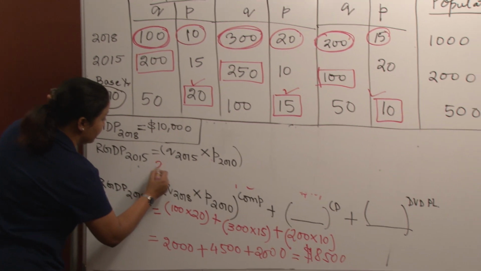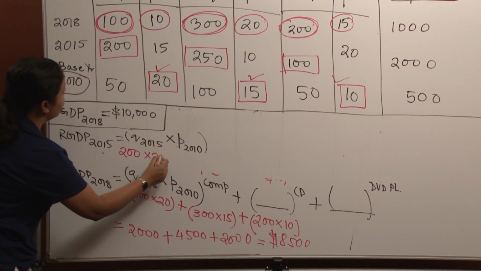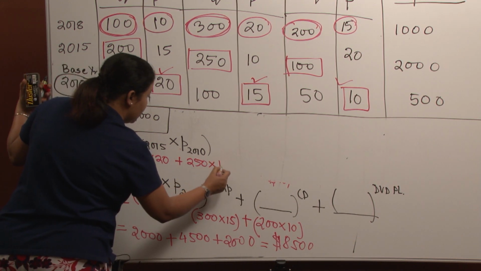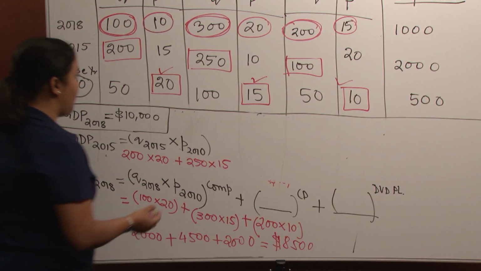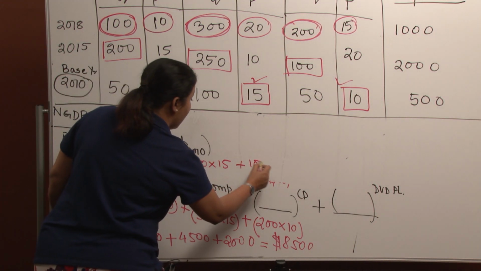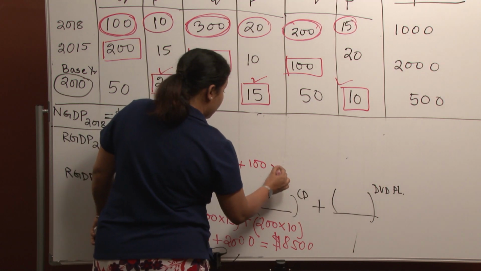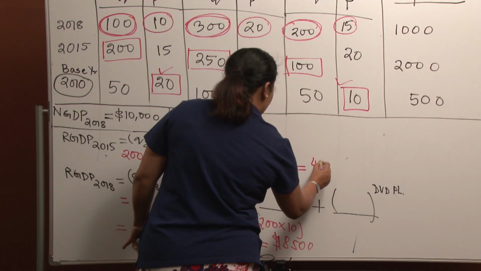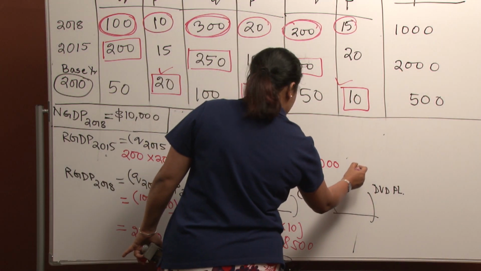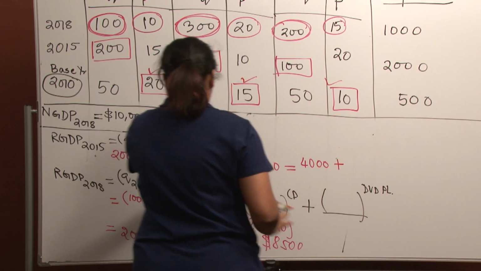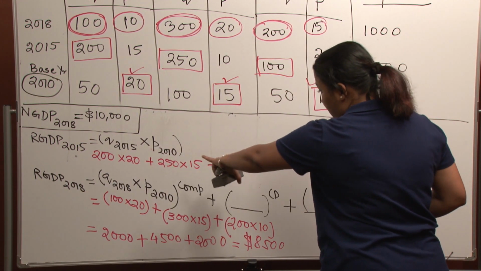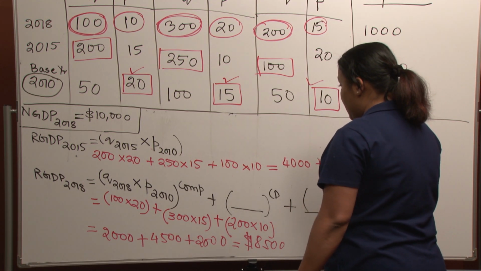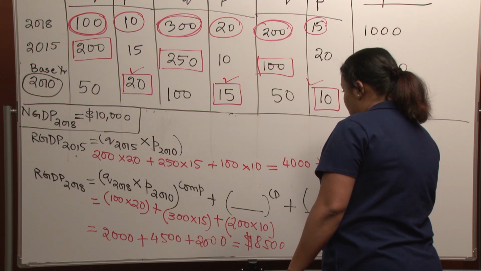So 200 times 20 plus 250 times 15 plus 100 times 10. So that would be 4000 plus, let us try to do this, 25 times 5, 125, 37.